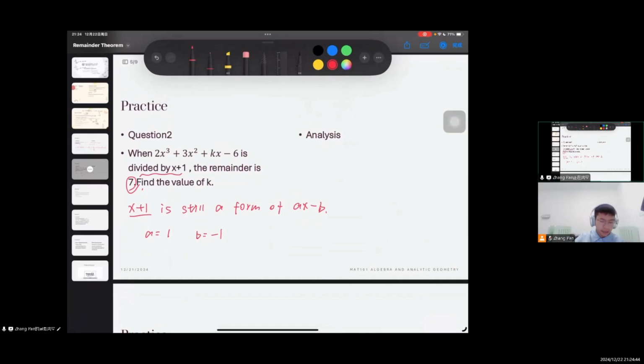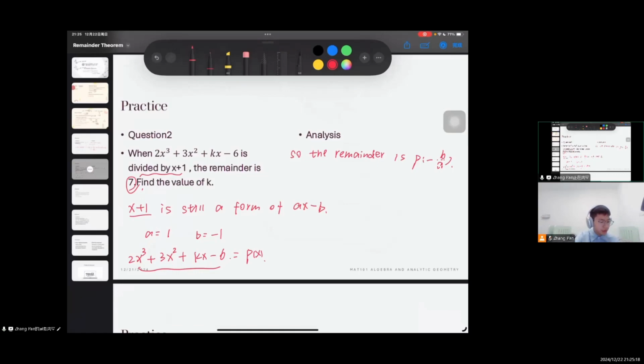We can substitute it into the polynomial. We can let 2x^3 plus 3x squared plus kx minus 6 be p(x). So the remainder is p(b over a), which is p(minus 1).